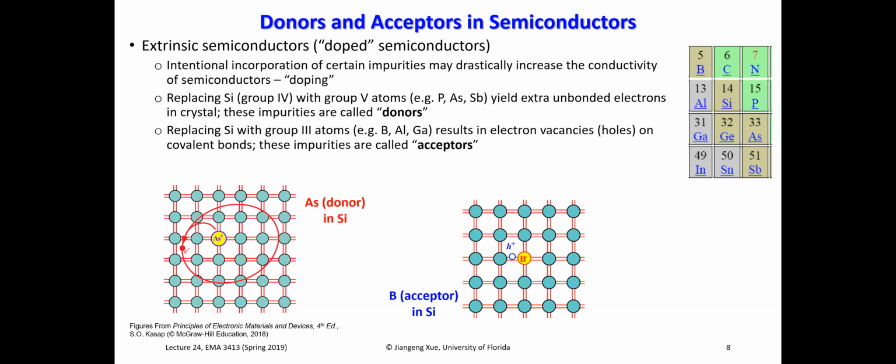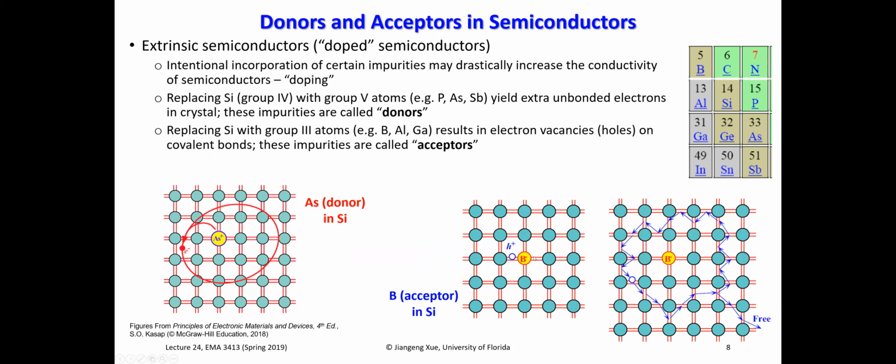When you replace a group 4 element like silicon with a group 3 atom, then it doesn't have as many valence electrons, so you need to grab electrons somewhere else to fill the four bonds with the nearest neighbors, which gives you holes somewhere in the system. Then we call them acceptors.